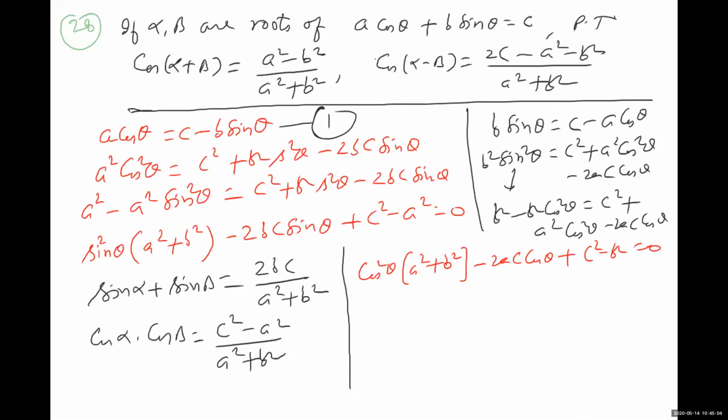So from here you will get cos alpha plus cos beta, sum of the roots, is equal to 2ac upon a square plus b square, and product of the roots cos alpha into cos beta is equal to c square minus b square upon a square plus b square.